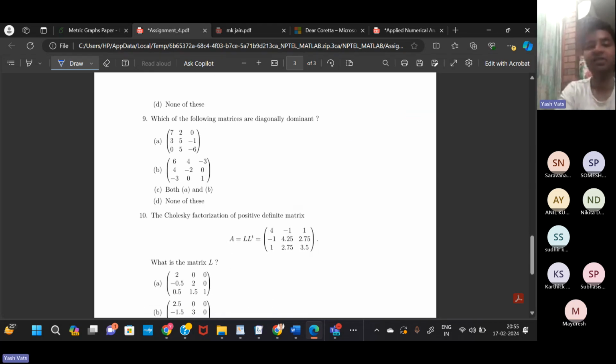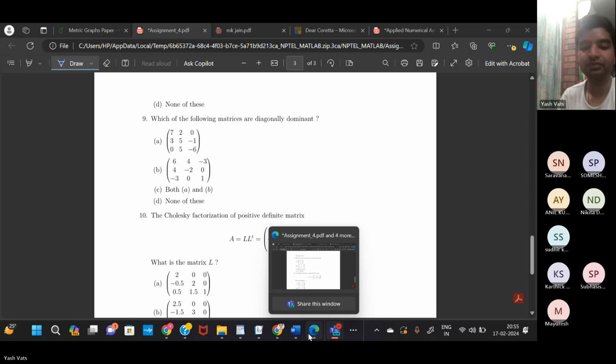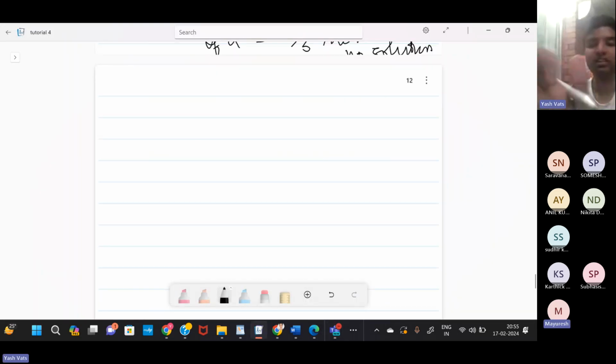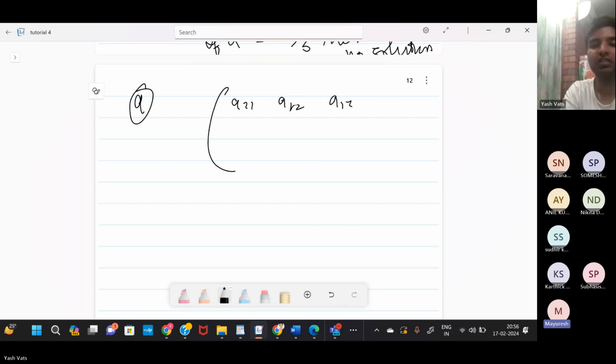Which of the following matrices are diagonally dominant? Tell me, what is the meaning of a diagonally dominant matrix? If the summation of all other terms other than the diagonal is less than the diagonal term, then it is a diagonally dominant matrix.